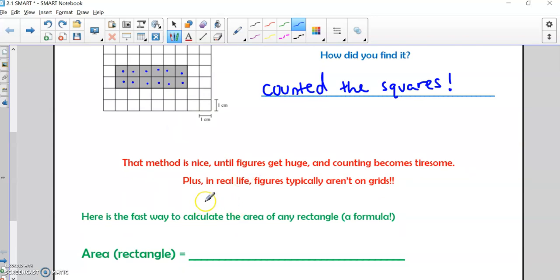We can follow a simple formula that pretty much counts the imaginary squares for us if we don't have any. And in real life, there's not going to be grids for you to count on most of the time. So when you're calculating area, you can always do length times width.